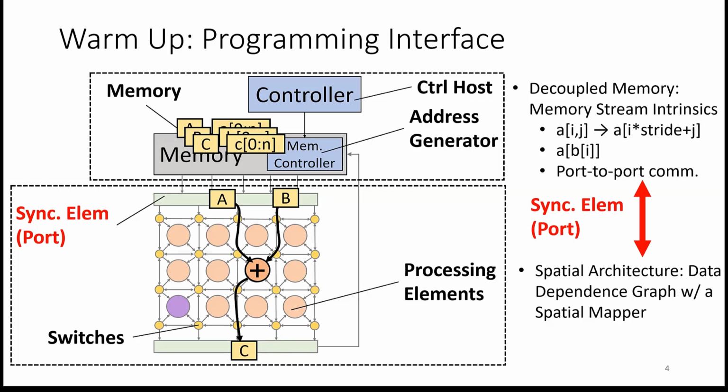In the next few slides, I will first talk about how to program the spatial architecture and how the ports are exposed to the control host, so that we can encode the data access and forward it to its destination.